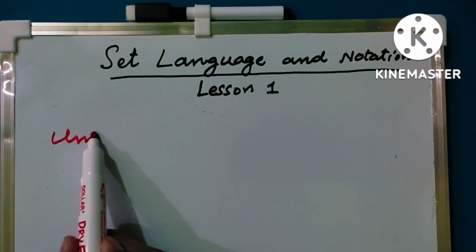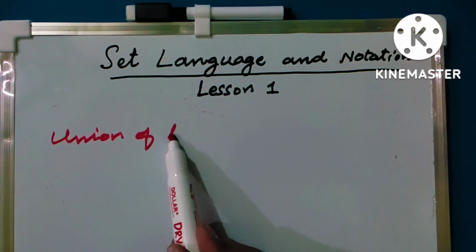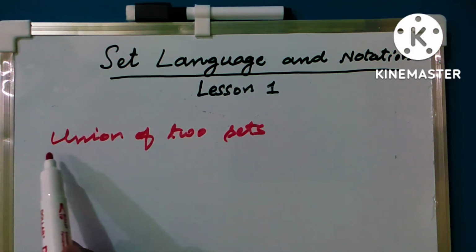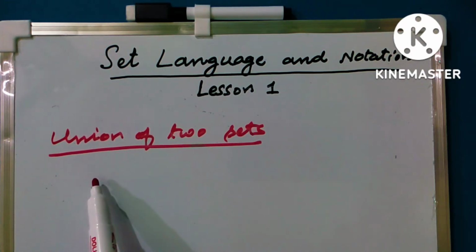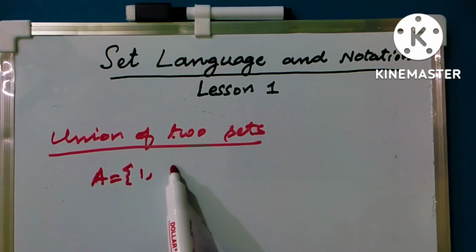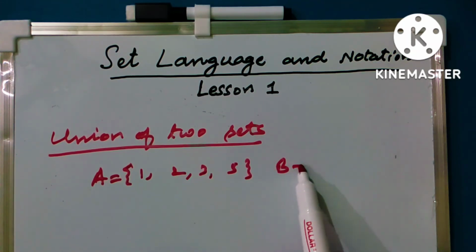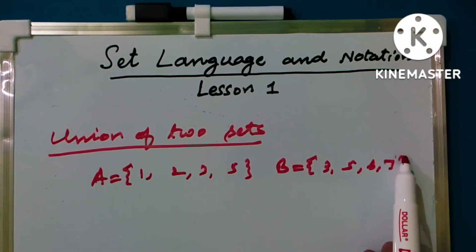Union of two sets. For example, if set A has elements 1, 2, 3, 5 and set B has elements 3, 5, 6, 7.